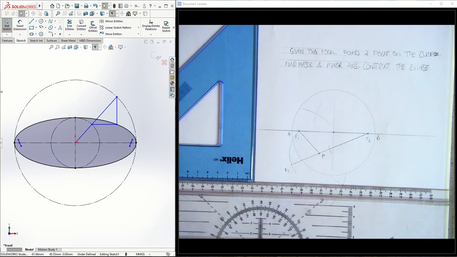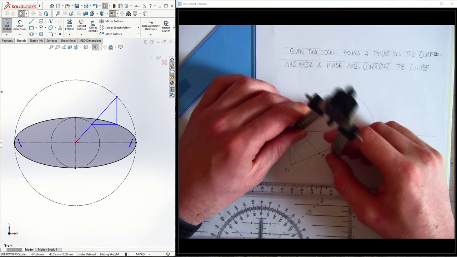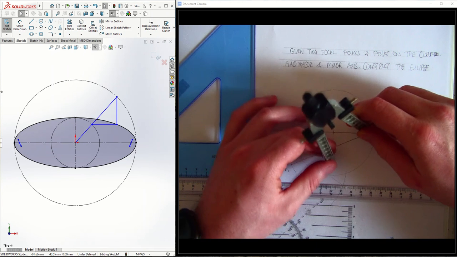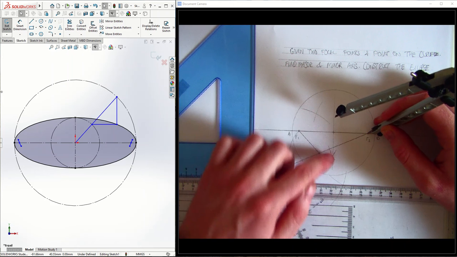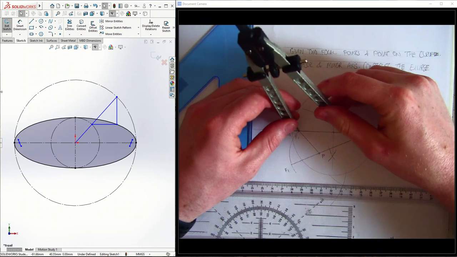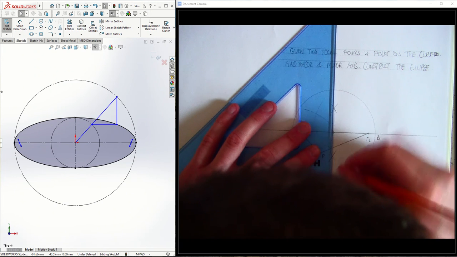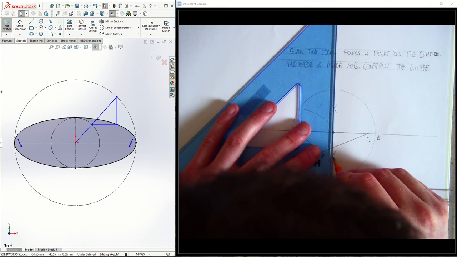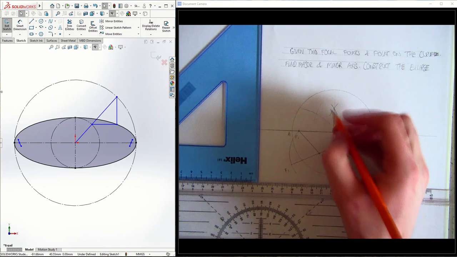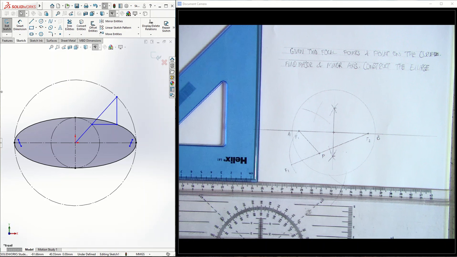Well, I know that half the length of the major axis, swung from the two focal points, where the two arcs intersect is going to give me one end of the minor axis. I'll do the same to the far side. Now join those two points. That distance here is equal to my minor axis.